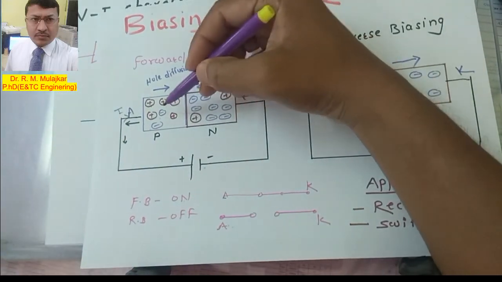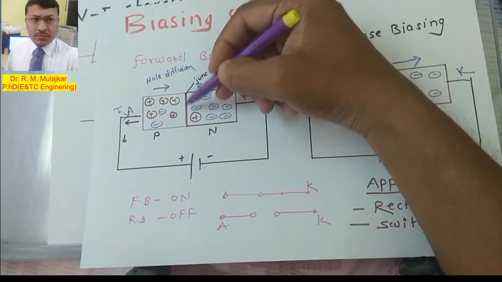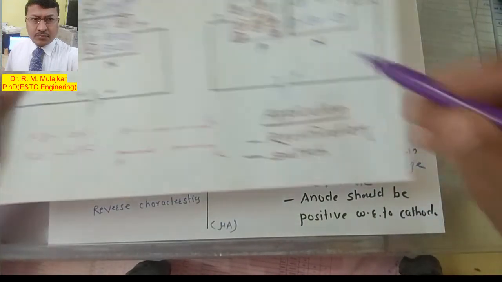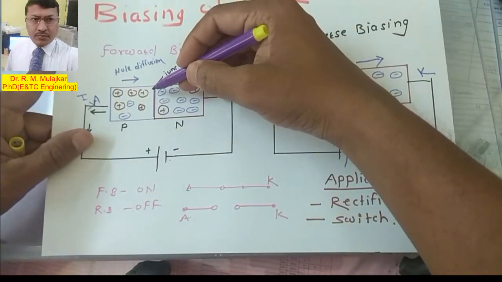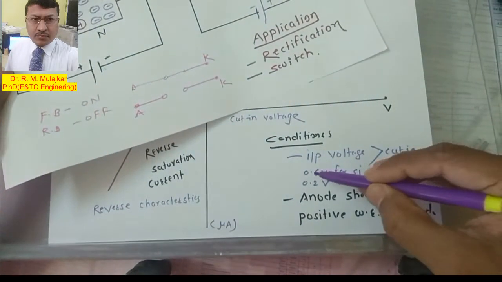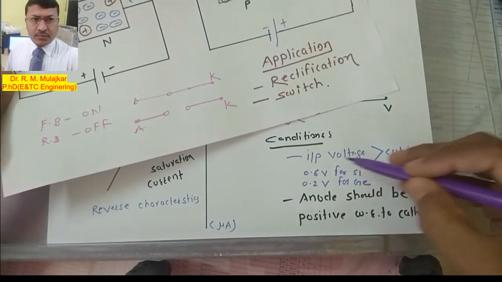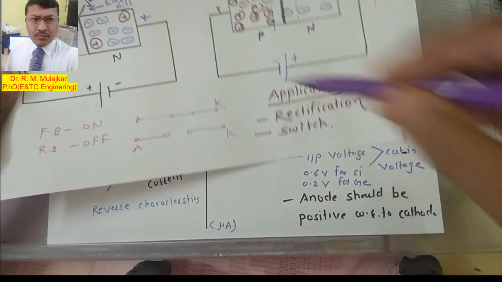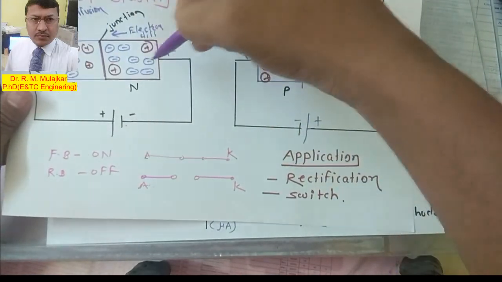The barrier junction breaks when you apply the cut-in voltage, and the manufacturer specifies these values: 0.6 volt for silicon and 0.2 volt for germanium. If the input voltage is greater than the cut-in voltage, then only the barrier will break and current will start to flow from anode to cathode.